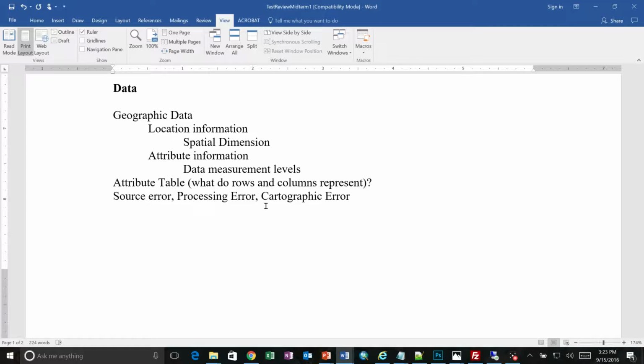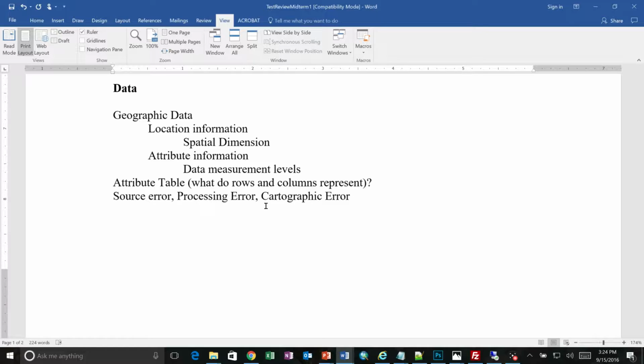Also, what makes geographic data geographic is that it has attribute information. Okay, so you need to know about attribute information. You need to know about data measurement levels, which were the nominal, ordinal, and interval ratio. There is not a question that distinguishes between interval and ratio.